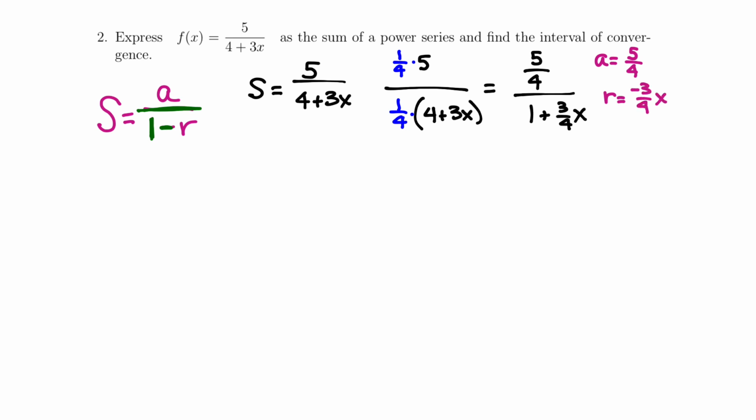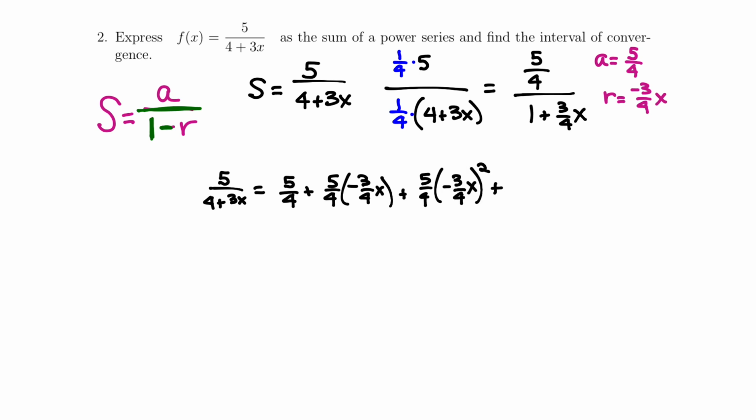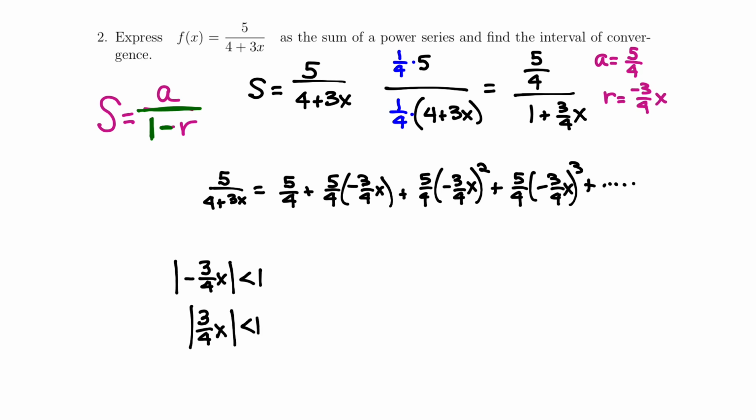So if I expanded this out, you have the absolute value of r is less than 1, which means the absolute value of 3/4 x is less than 1.